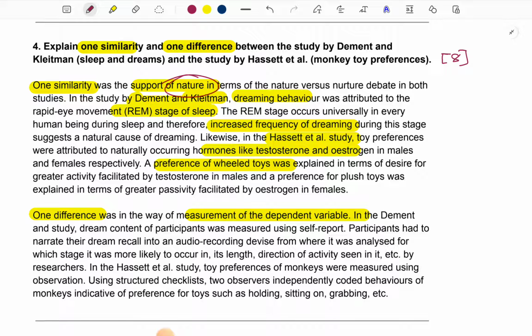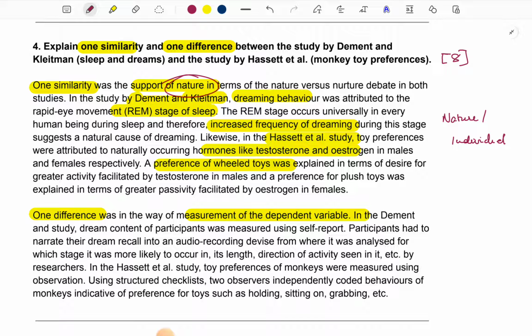You're just saying sleeping. I just want to digress a little from the topic, but it's important. Always when it comes to the nature side of the debate, the individual side of the debate, as of now, this year you have only 2 debates as such, but this will really help you in A2 where you have multiple debates. Nature or individual, situational or nurture, whatever it is, these are explanations of behavior.